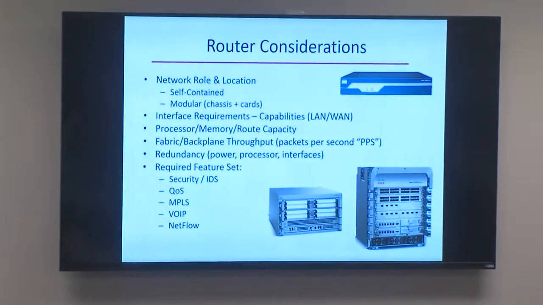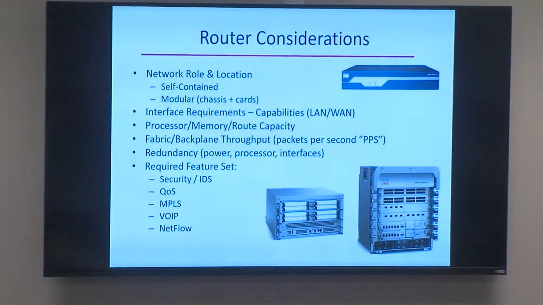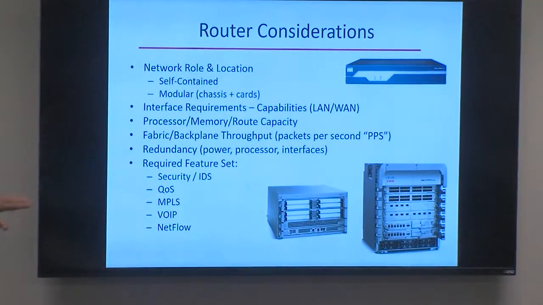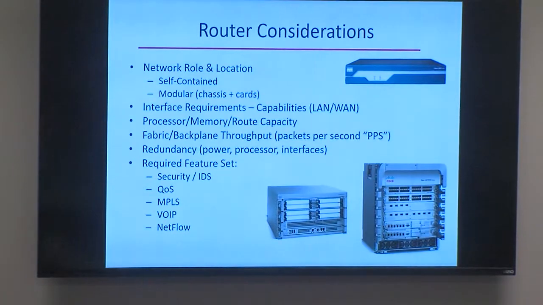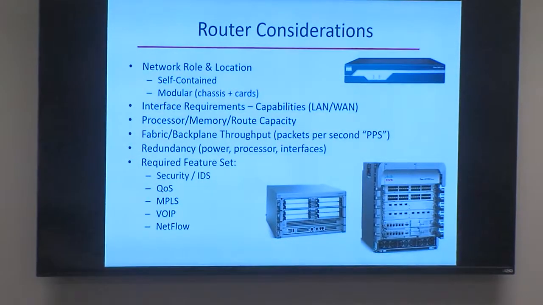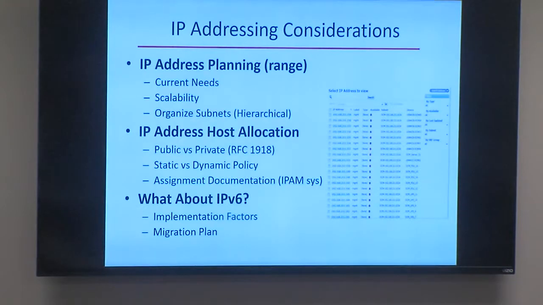Again, a lot of different feature sets, and primarily with the router, the interfaces is really going to drive that router. In turn, that typically drives processor capacity and so forth.